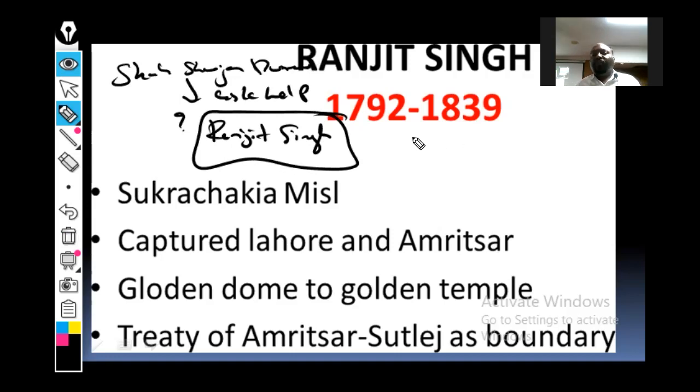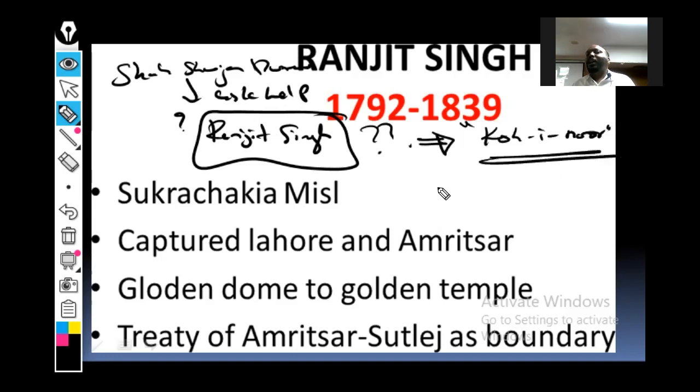Now Ranjit Singh says, what will you give me? So Shah Shuja Durrani, now what? Ranjit Singh asks, what does he ask? Kohinoor. So Shah Shuja Durrani gets that Kohinoor and gives to whom? Ranjit Singh.